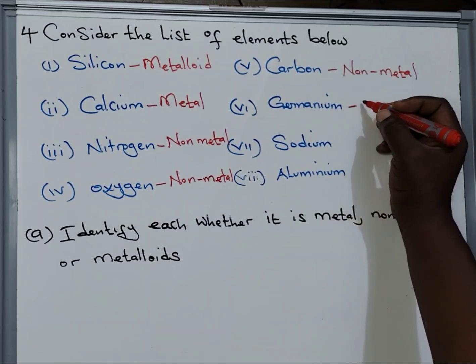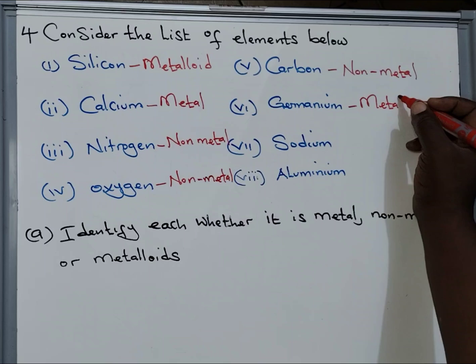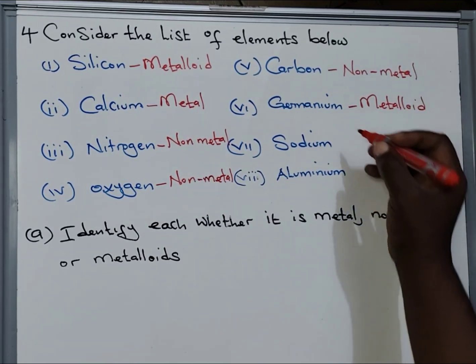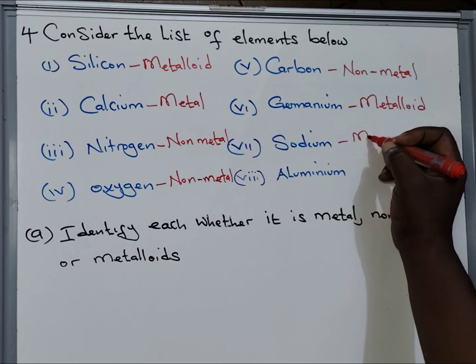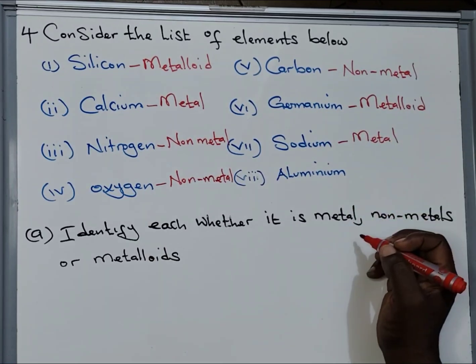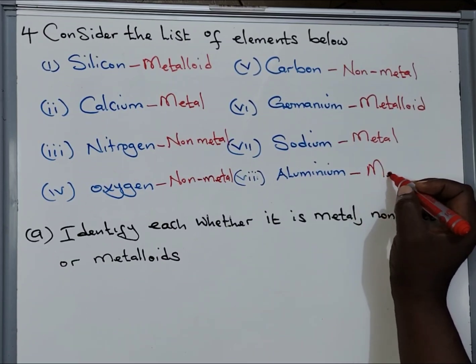Germanium, it's a metalloid. Sodium, it's a metal. And aluminium, it's a metal.